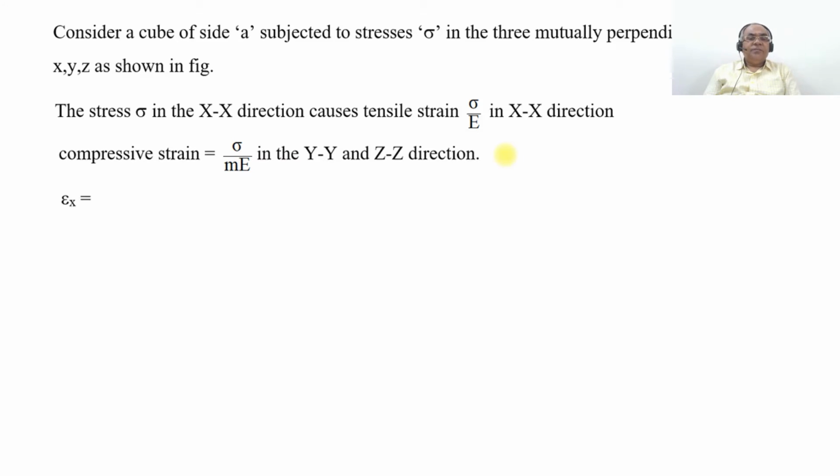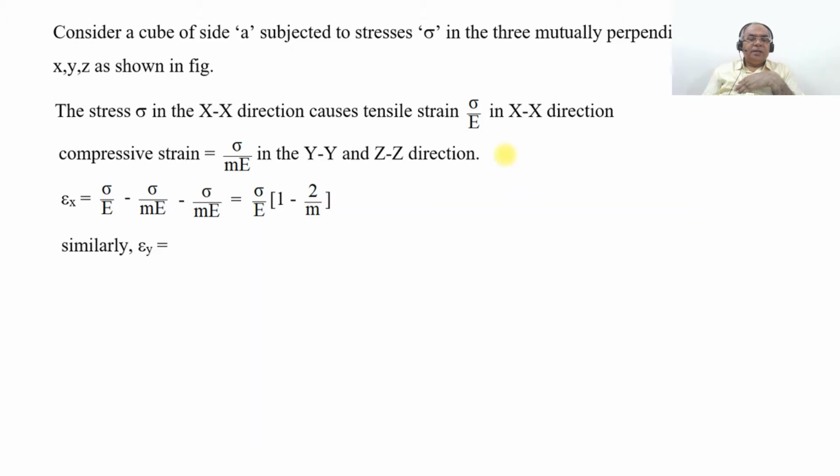You can refer to that. So what is epsilon x? Epsilon x will be equal to sigma by E minus sigma by m into E minus sigma by m into E, because along the xx direction there will be tensile strain, and along the yy and zz directions there will be compressive strain. Therefore, it is negative. So epsilon x is sigma by E into 1 minus 2 by m.